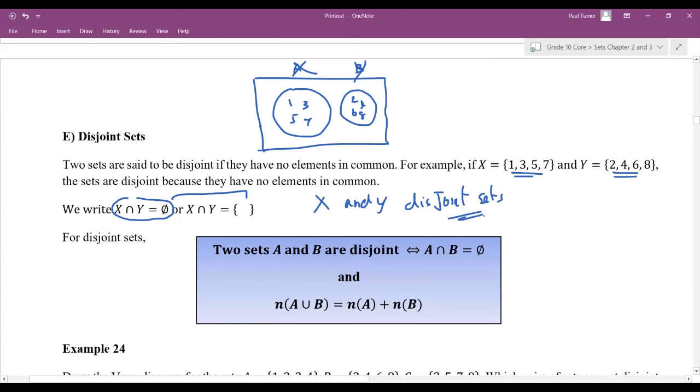So you will see this as well. Some of the sets have no shared elements, so we call them disjoint. And we can say the union of them is the number in A plus the number in B, okay, because there's no overlap between the elements. So anyway, let's take a look at some.